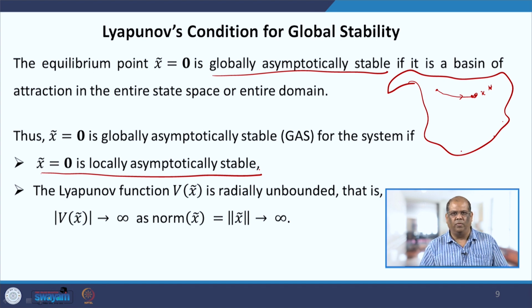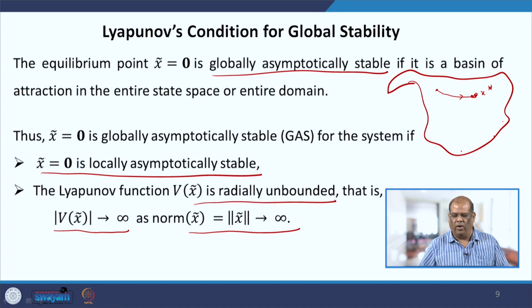That function has to be positive definite and the derivative has to be negative definite, not semi definite, because it is locally asymptotically stable. And once you prove that it is locally asymptotically stable, you see whether the Lyapunov function goes to infinity as the norm goes to infinity, which is known as radially unbounded.